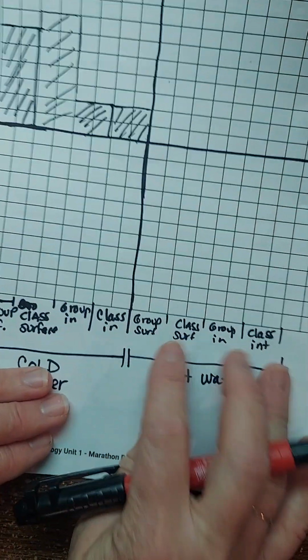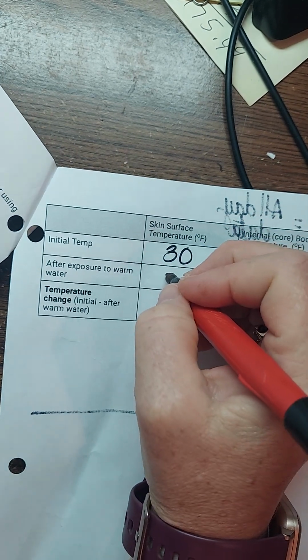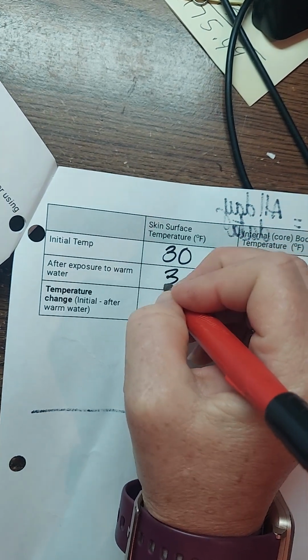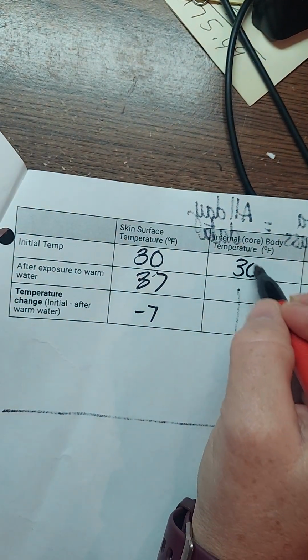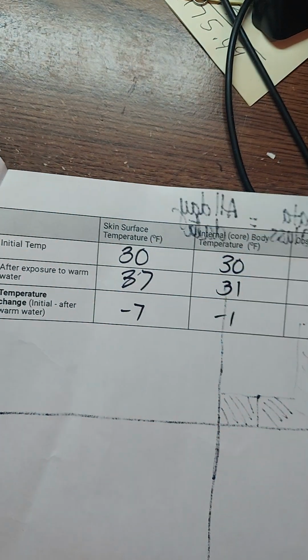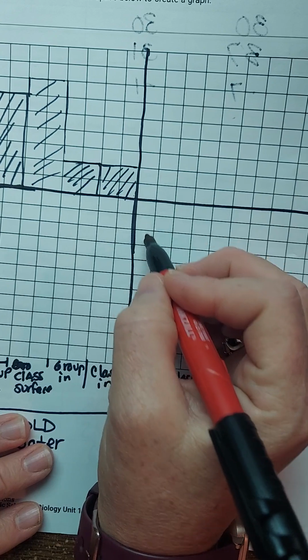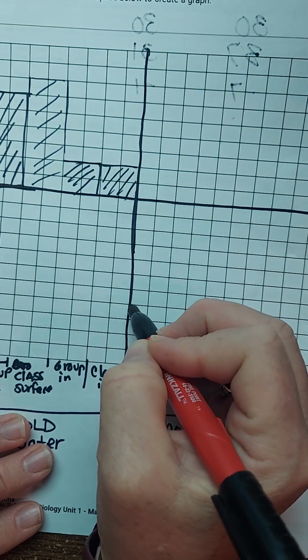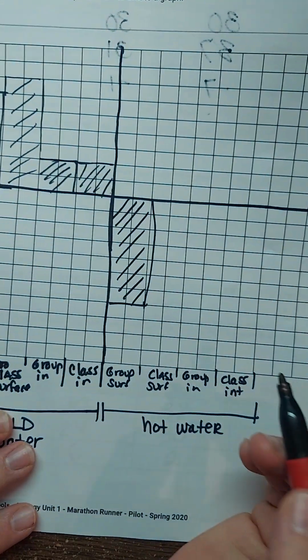When I did hot water, let's say I started out at 30 degrees and after exposure I got 37 degrees, that would be a -7. If I started at 30 degrees and my body temperature was 31, I'd be a -1. Well, how do I do negatives? In this case, 1, 2, 3, 4, 5, 6, 7 below.